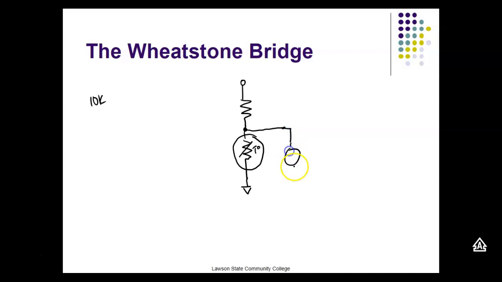So I'm going to use a voltmeter and measure the voltage across the thermistor. So let's say +5, which is what I'm going to power it up with, and I'm using a 10K. What's the color code for a 10K?